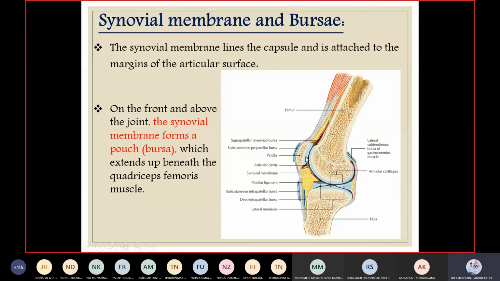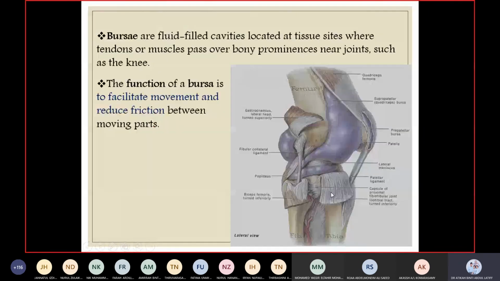For example, this is the knee joint, and this is where you find the bursa. It acts like a knee pad or a cushion to help reduce friction at the area. So you have four bursa at the knee joint. What are bursa? They are fluid-filled cavities located at tissue sites where tendons or muscles pass over bony prominences near joints such as the knee.